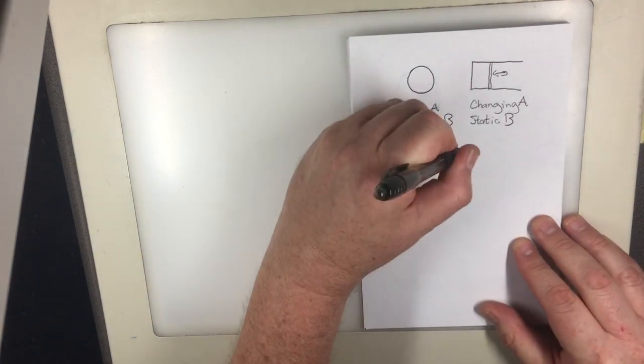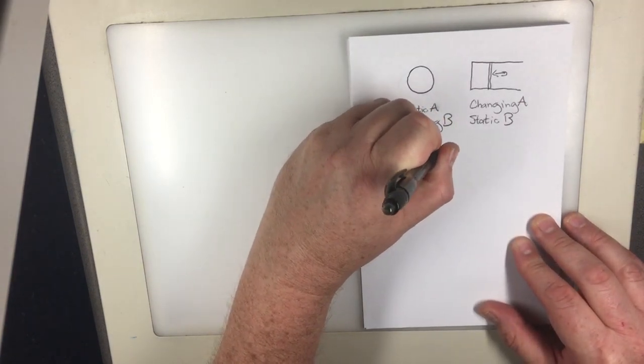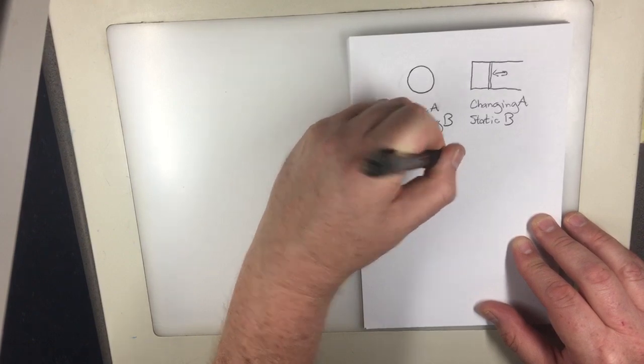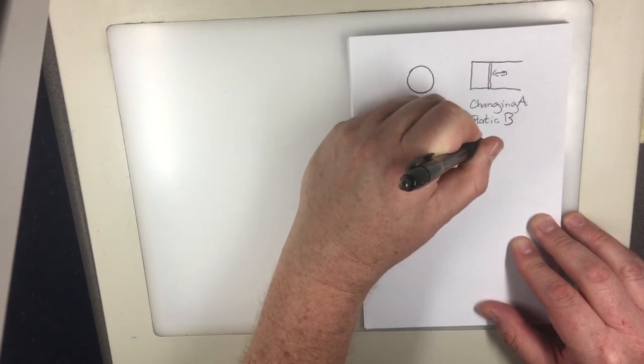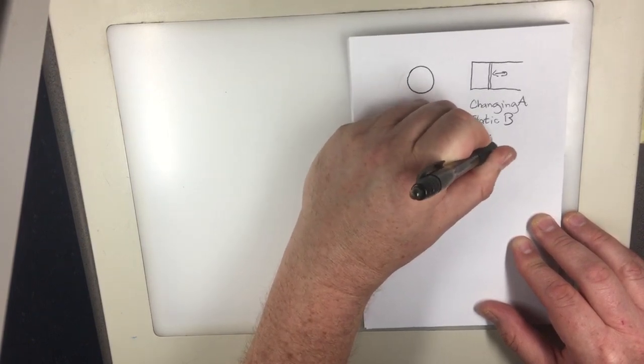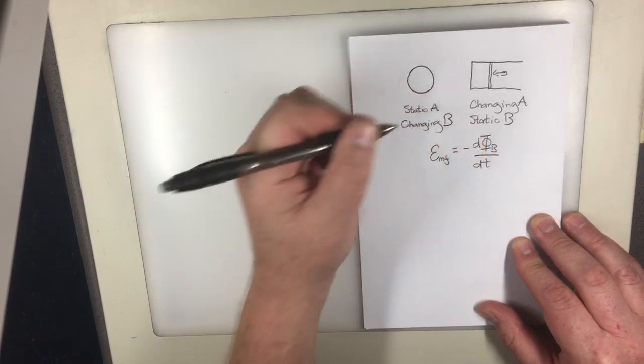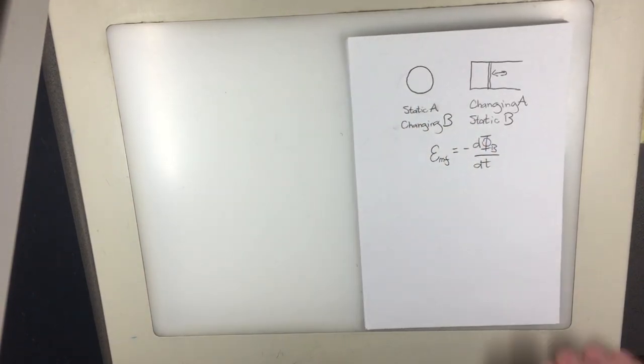Both follow Faraday's law in the sense that the electromotive force produced is negative d phi B dt. The negative sign is because of Lenz's law.